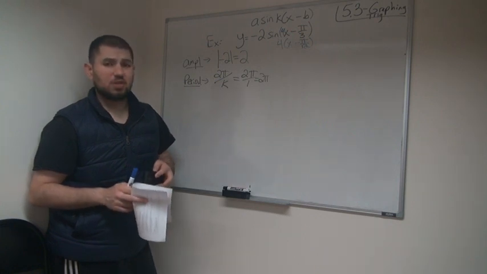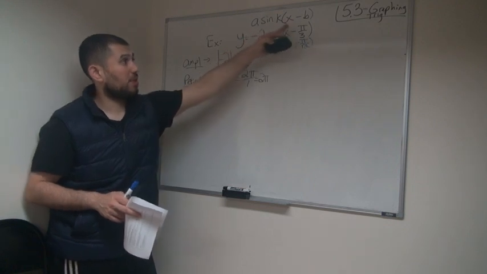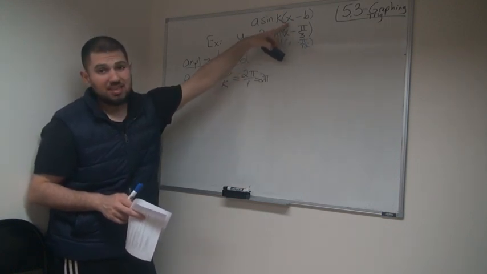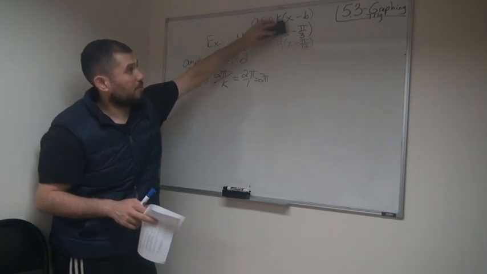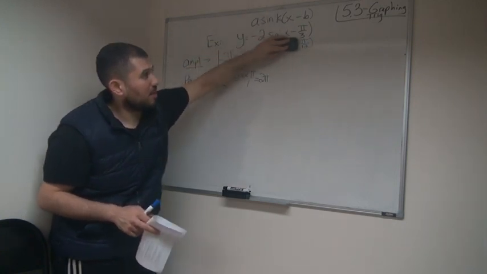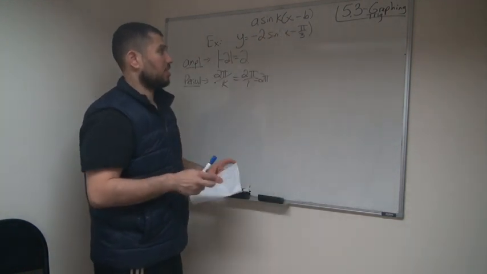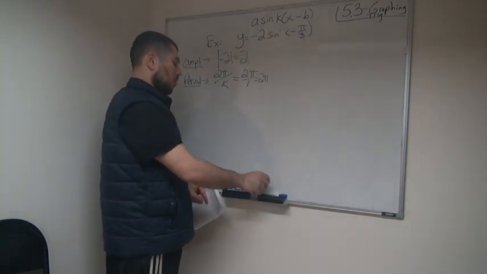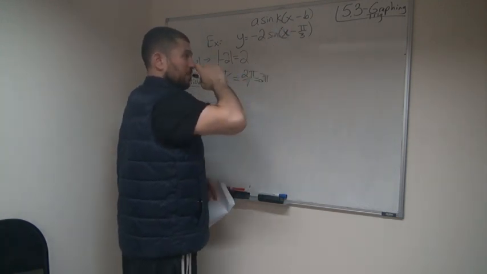If you guys have any questions on it, you should definitely feel free to reach out. But again, the way this formula works, I need a 1x inside my parentheses. That's what I got in my original problem that I put on the board. If you don't have a 1x inside your parentheses, you need to make sure that you get a 1x inside your parentheses. And the way to do that is to factor it.